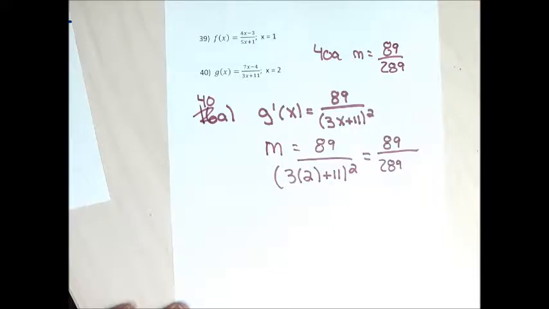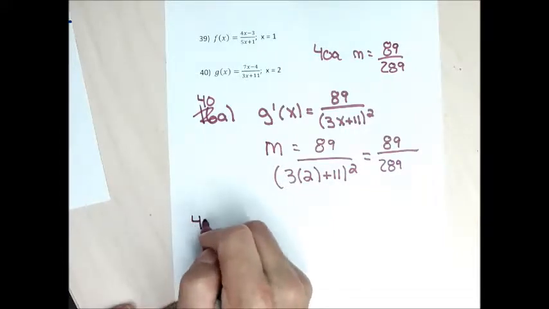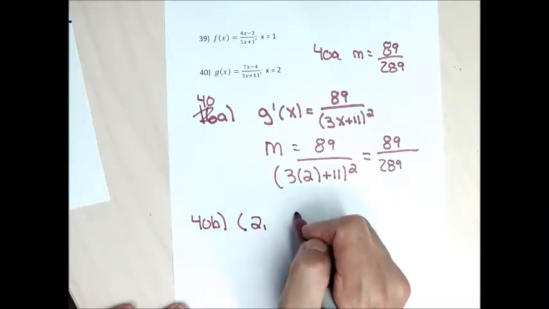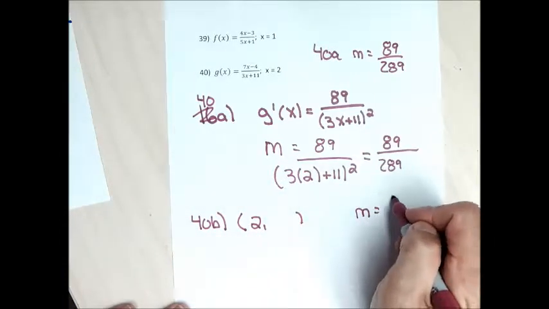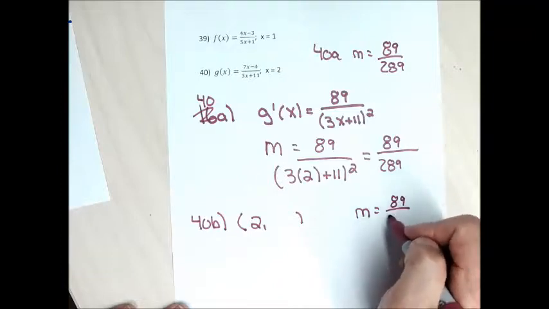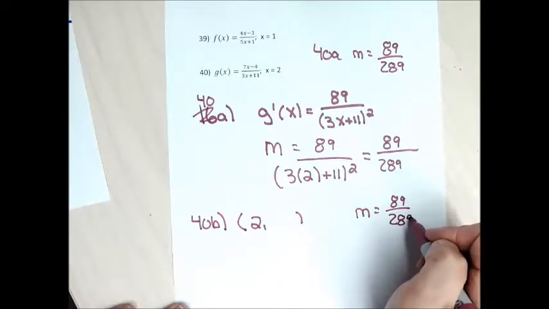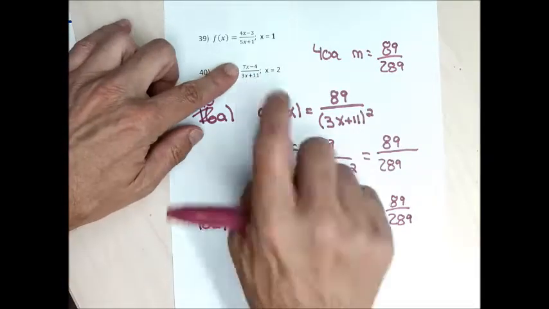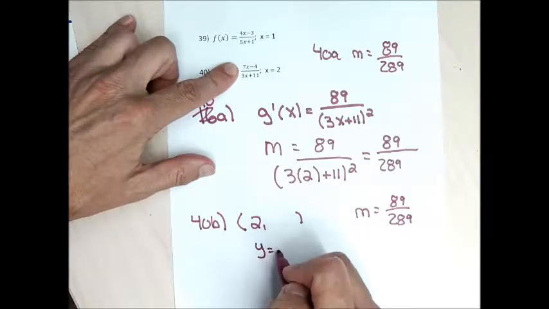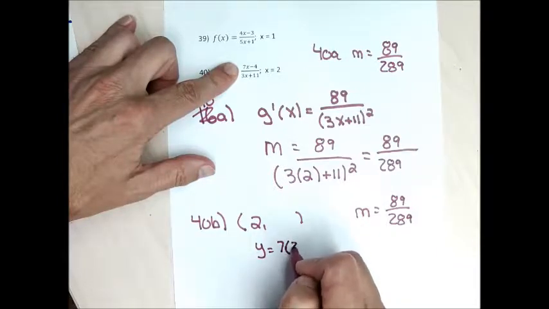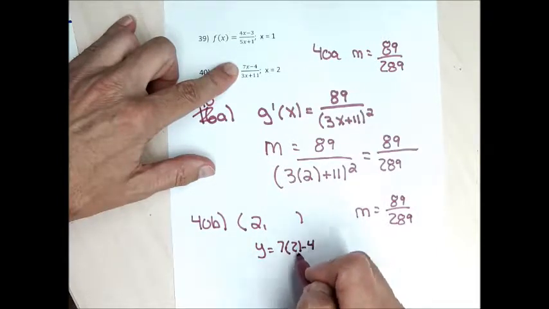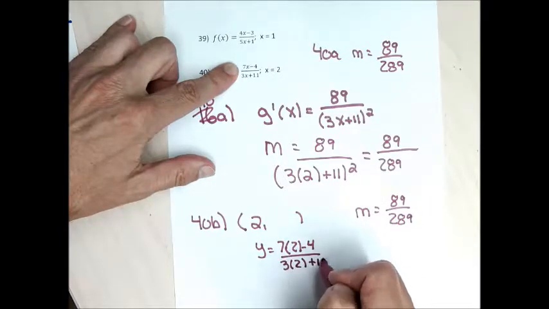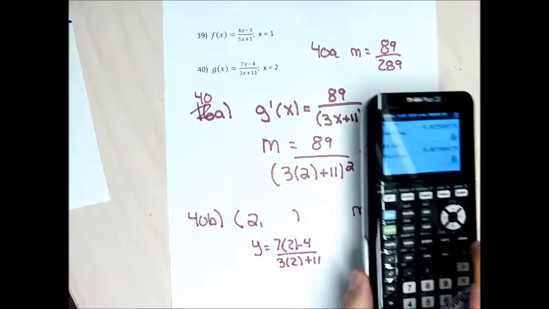To do part B of number 40, I need to get a slope and a point. The slope is this ugly fraction, 89 over 289. The x-coordinate of the point is given. The y-coordinate of the point I get by plugging the value of x that's given into the original function. And again, I'm going to be ultra lazy and do this on my calculator.